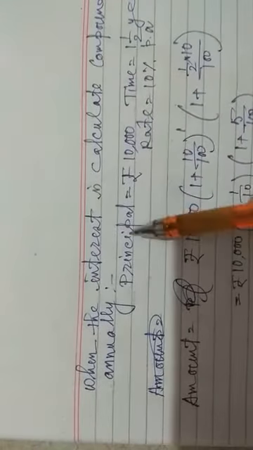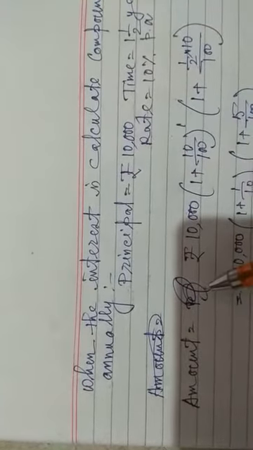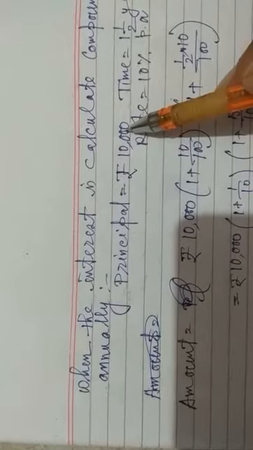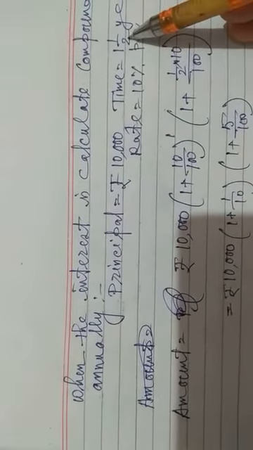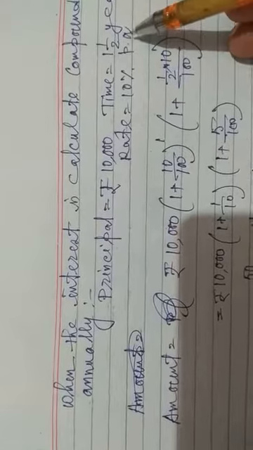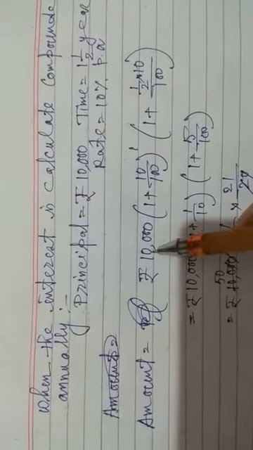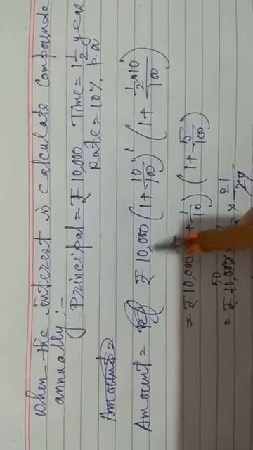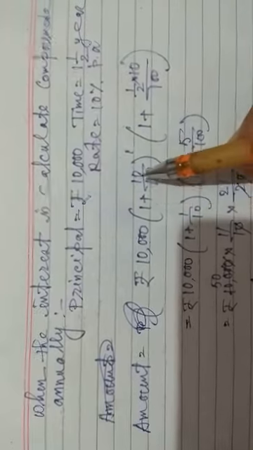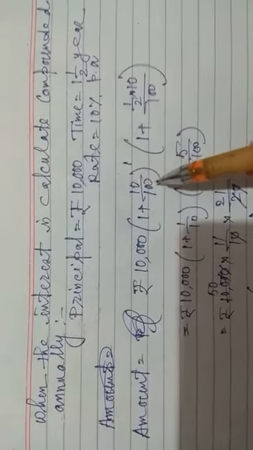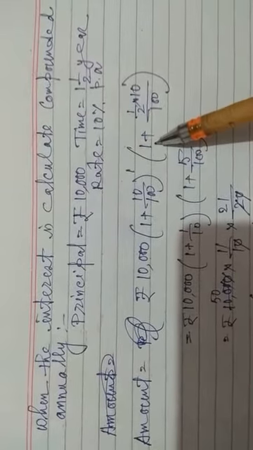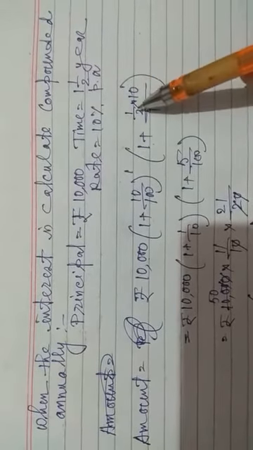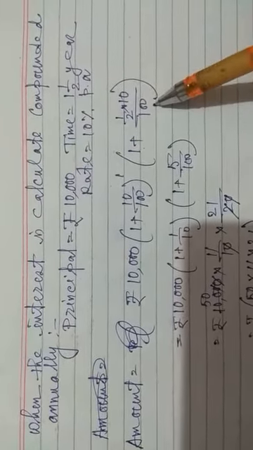Now, when the interest is calculated compounded annually: principal 10,000, time 1 whole 1 by 2 years, time is in fraction, and rate of interest 10%. So amount equals P, that is principal 10,000, into (1 plus rate of interest by 100) into (1 plus fractional part, that is 1 by 2 into rate of interest by 100).